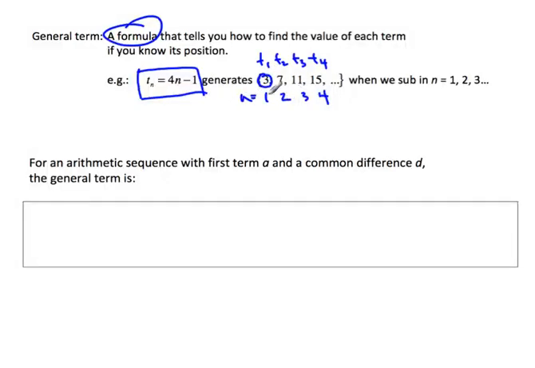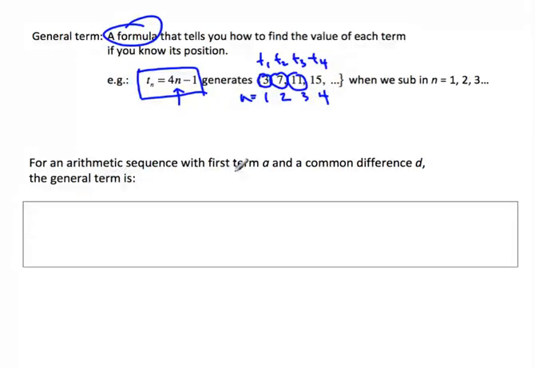If I sub 2 into the formula, 4 times 2 is 8 minus 1, that gives me 7. If I sub 3 in, 4 times 3 is 12 minus 1 gives me 11. So subbing in the number of the term, its position in the sequence, for n, and then evaluating the formula gives me the actual value of the term in the sequence. So this is called a general term.